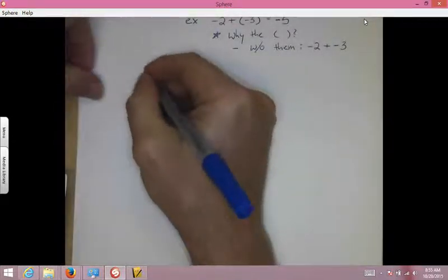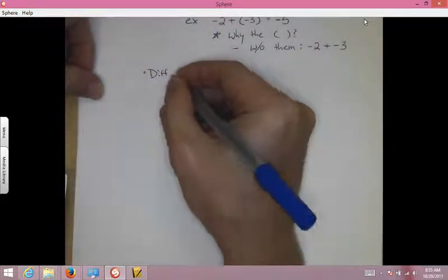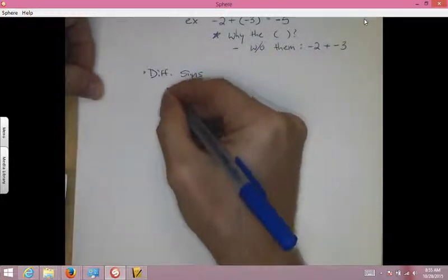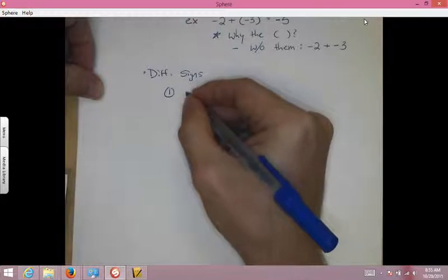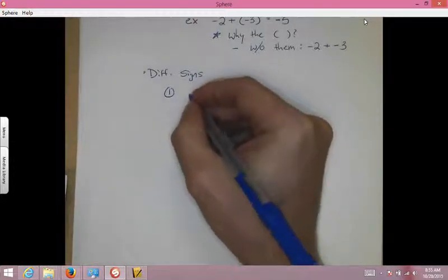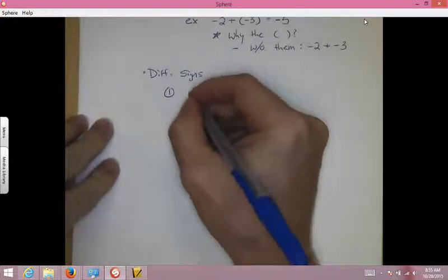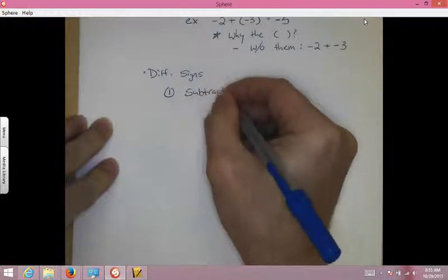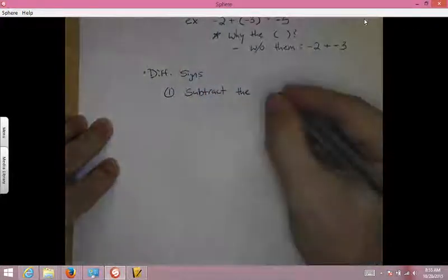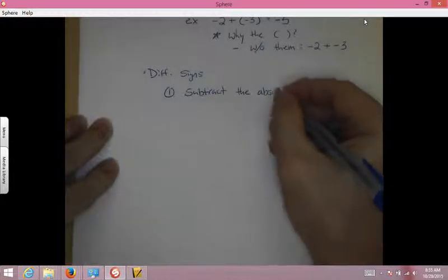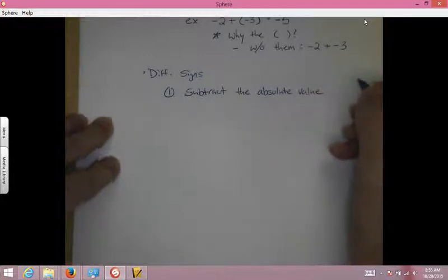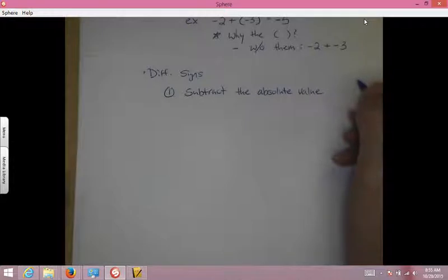So, when we have different signs, what we're going to do is, one, you're going to subtract the absolute value. So instead of adding, you're going to find the absolute value of the numbers and you're going to subtract it.